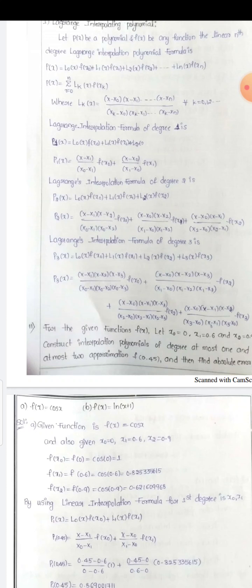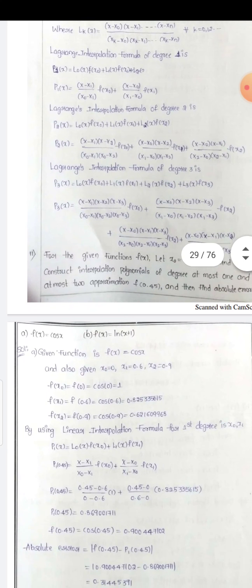By using the interpolation formula for first degree with x0, x1: P1 of x is equal to L0 of x f of x0 plus L1 of x f of x1. Here x equals 0.45. P1 of 0.45 equals (x minus x1) by (x0 minus x1) f of x0 plus (x minus x0) by (x1 minus x0) f of x1. Next, substitute x0, x1 in the above.